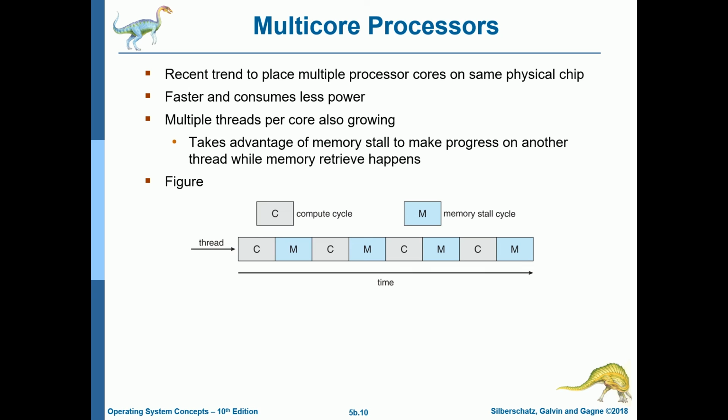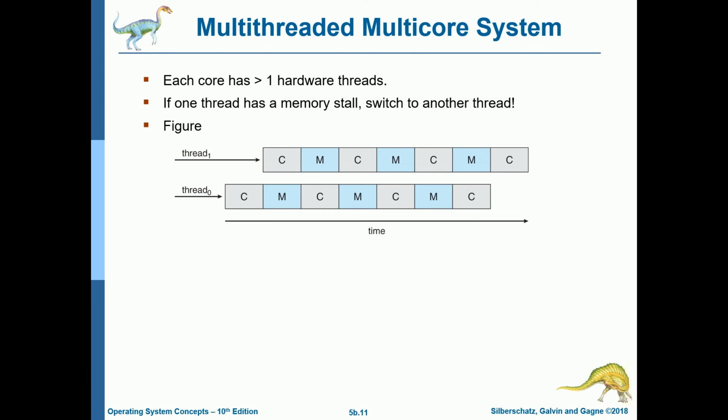When a processor accesses memory, it spends a significant amount of time waiting for that data to become available. This situation is called a memory stall, and this occurs primarily because modern processors operate at a much faster speed than the memory. In order to remedy this situation, many recent hardware designs have implemented multi-threaded processing cores in which two or more hardware threads are assigned to each one of the cores.